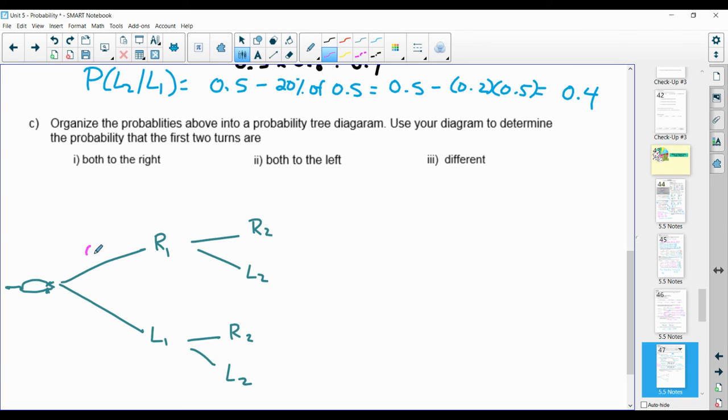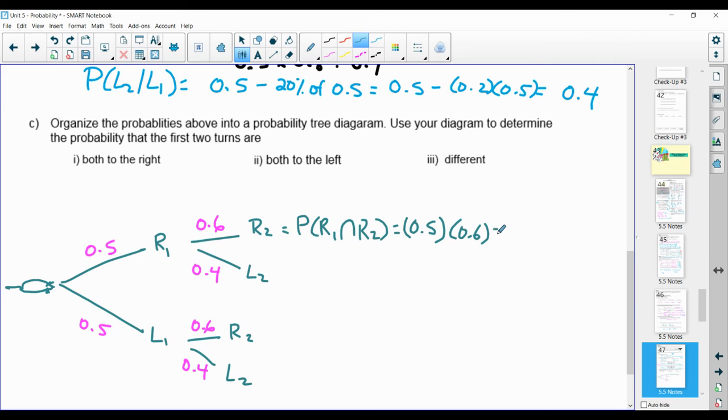Now our probabilities is what we're going to fill in between here. So there's a 50% chance that the mouse goes right. There's a 50% chance that the mouse goes left. Now the probability that the mouse goes right again, given it went right the first time, is 0.6, meaning the probability that it goes left is 0.4. Probability here is 0.6 and probability here is 0.4. And again, those come from above. So if we want to write out our probabilities here, the probability of the mouse going right and right again is 0.5 times 0.6, which is 0.3.